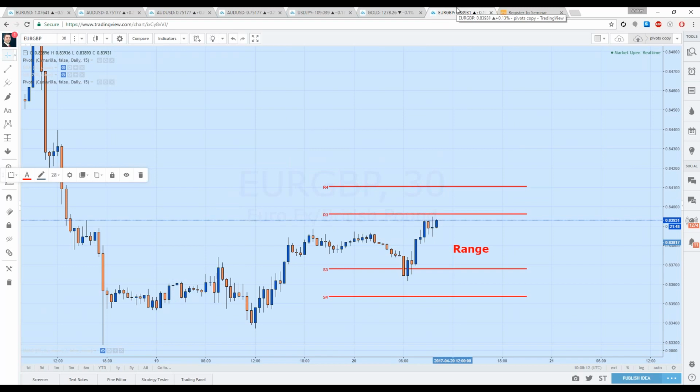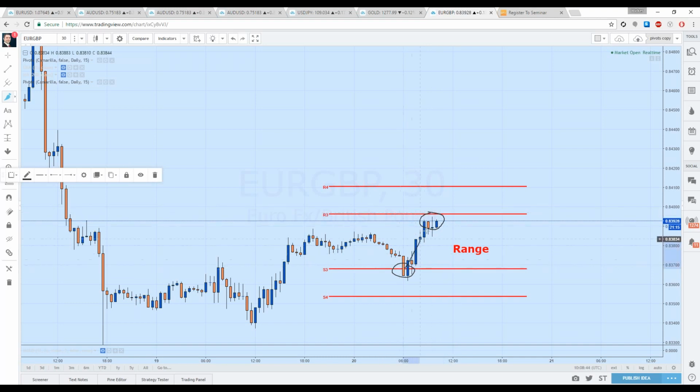Going back to our euro pound example, let's examine how to trade the range. Traders may take one of two positions, either buying against support or selling against resistance.